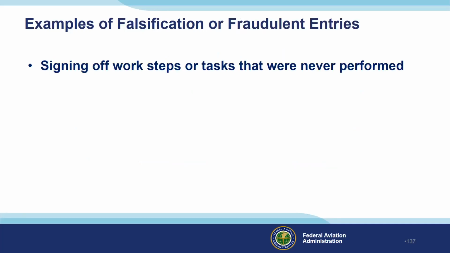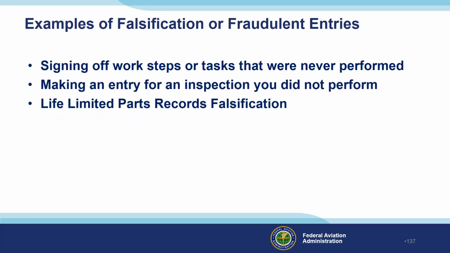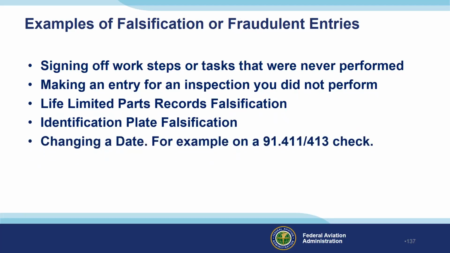Here's an example of falsification: signing off work steps or tasks that you never performed, making an entry for an inspection that you didn't perform, life-limited parts records falsification. You know, with the supply chain problems we're having now, that's probably a lot of incentive for people to falsify parts, identification plates, and life-limited documents.